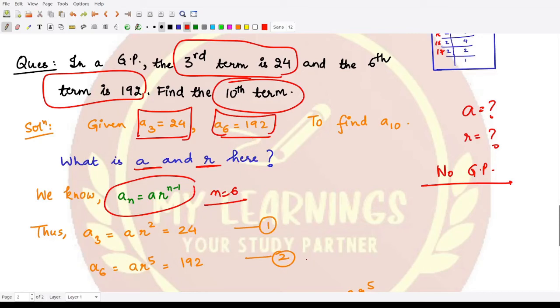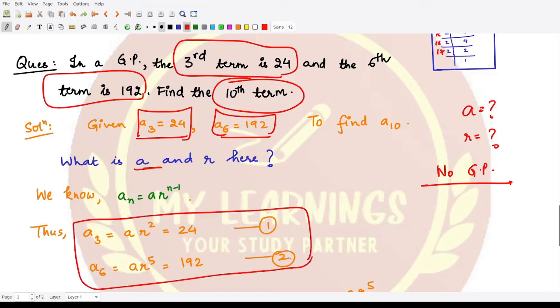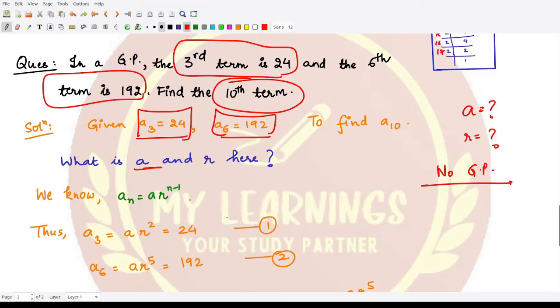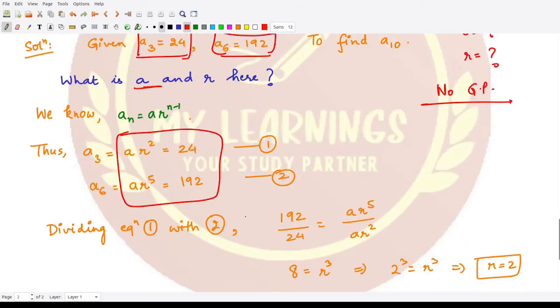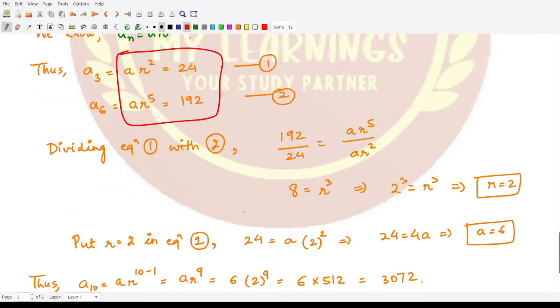Now what we need to do is solve equations 1 and 2 in order to determine the value of A and R. Because the terms are in multiplication and we have A raised to power 1 here, A raised to power 1 here, we can divide both the equations.